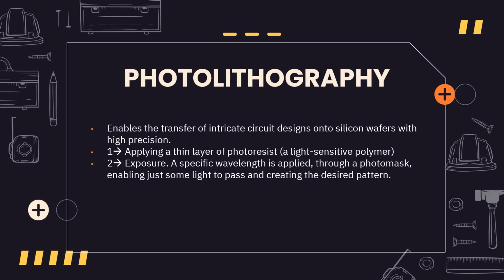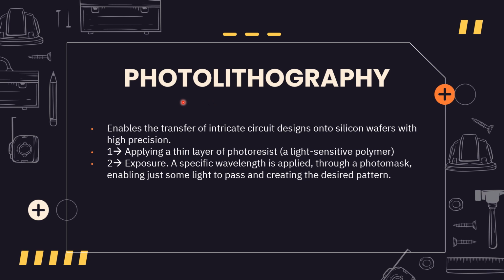Okay, so we will be discussing now what photolithography is and how to achieve it. So basically, photolithography is a technique that enables us to design intricate circuits into the silicon wafer that we have been talking about the whole presentation. The steps are really easy.